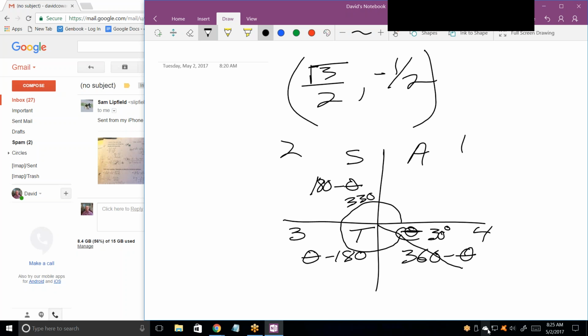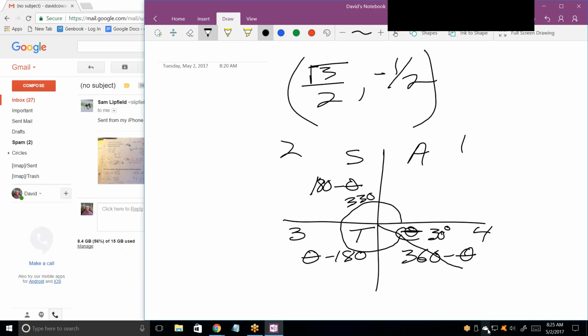So you actually can answer this in both ways. You can say it's a -30 degree angle, or you can say it's a 330 degree angle. All coterminal angles are equal. 360 is the same as 720 in terms of trig. It may not be equal in other respects, but in terms of the trig answers, they're equal.